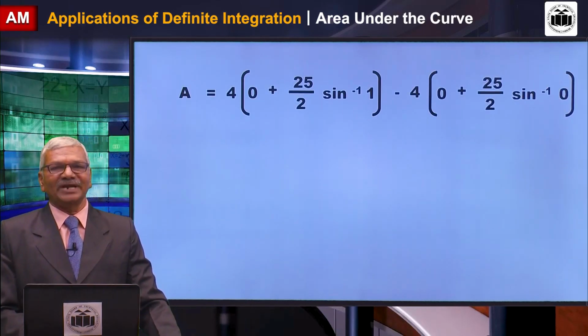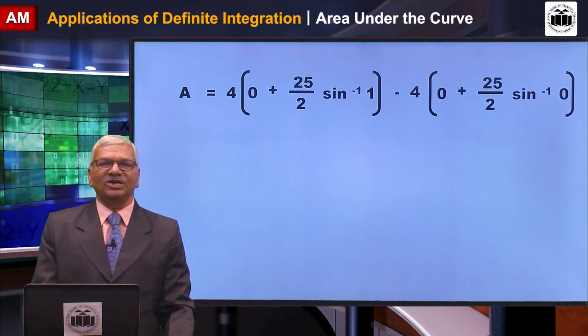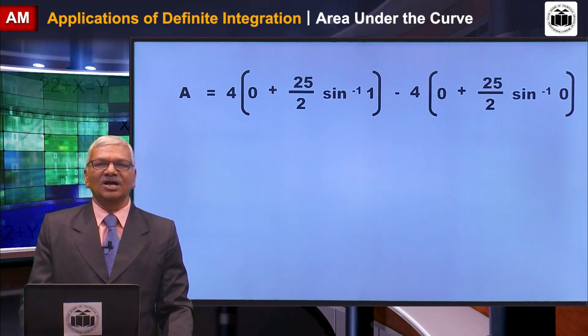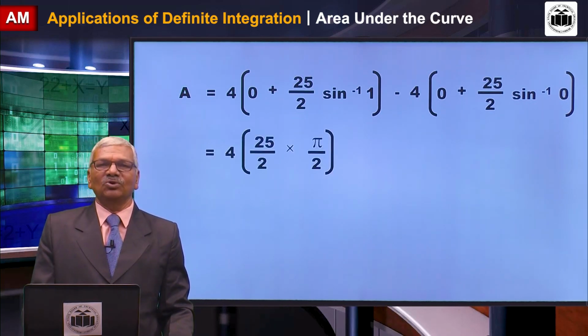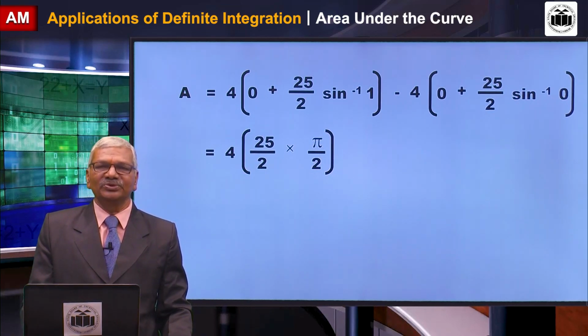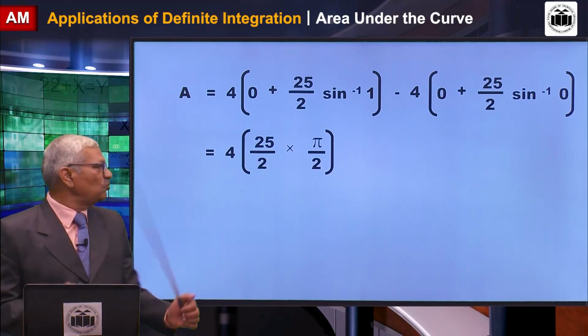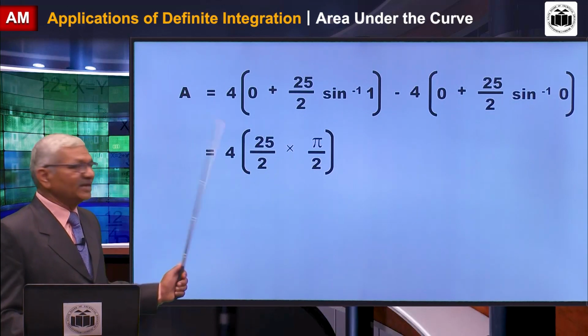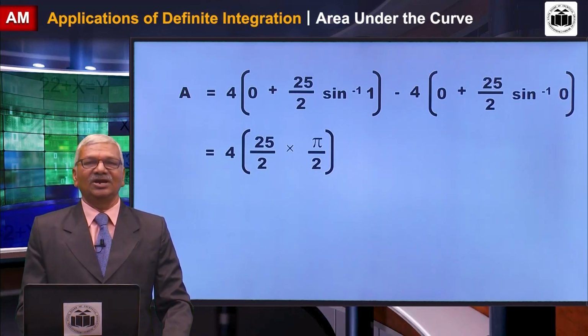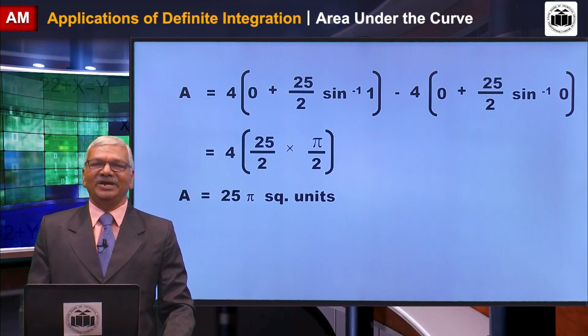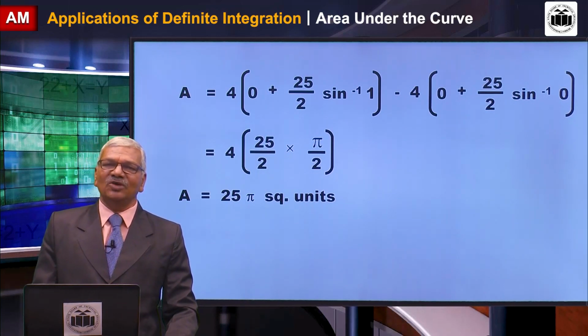Simply 4 times 0 plus 25 by 2 sine inverse of 1, minus 4 times 0 plus 25 by 2 sine inverse of 0, gives you 4 times 25 by 2 sine inverse of 1, which is pi by 2, that is 25 by 2 into pi by 2. 2 into 2 is 4 and 4 gets cancelled. So the answer is 25 pi square units. So what is the area of the circle here?